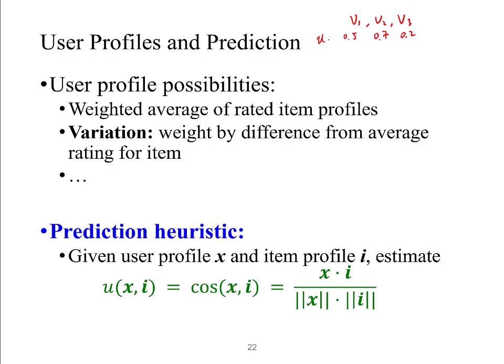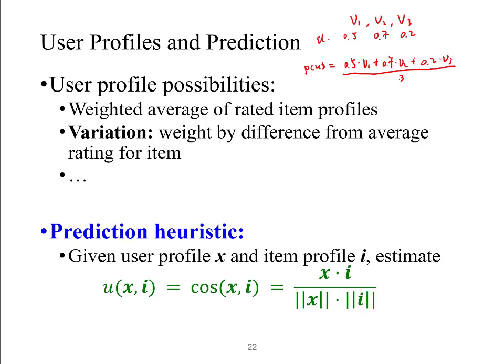Then the profile of the user is the sum of only three of them, so I will write it down. It would be 0.5 times V1 plus 0.7 times V2 plus 0.2 times V3, and you probably want to divide it by 3.